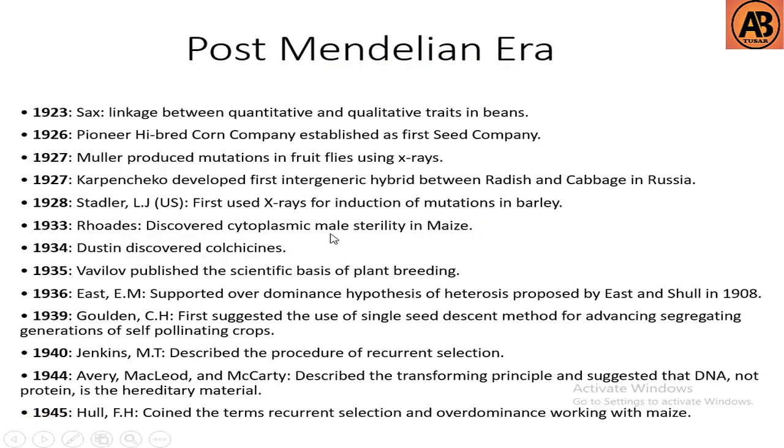Then after the Mendelian Era comes the Post-Mendelian Era. Here we can see 1923 to 1945. This duration is known as the Post-Mendelian Era. Here we can see that different scientists worked here. They researched very hard, such as Sachs, Muller, then Vavilov, Rhoades, Golden.